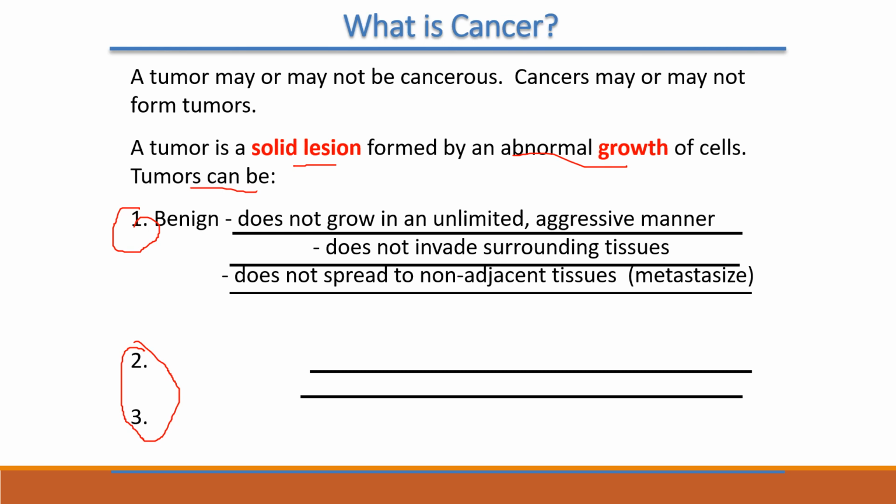If you remember, we gave more examples: they are better differentiated than the other type of tumors, the malignant tumors, and the nuclei are smaller and more regular. And we already talked that they don't break the basal membranes, but they are constrained to that region.